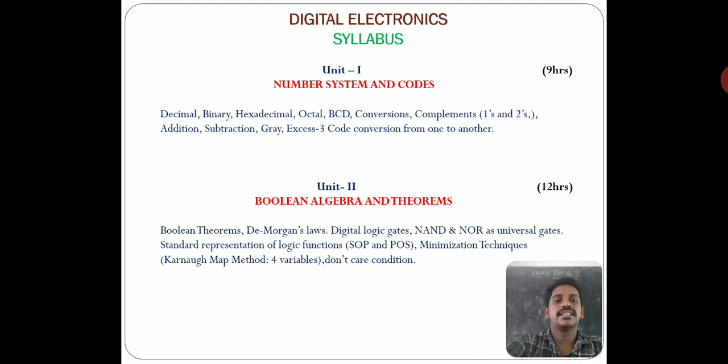Next, minimization techniques, that means the Karnaugh map. 2-variable, 3-variable and 4-variable K maps are designed and reduce the number of variables in a Boolean function. We also learn about don't care conditions in Boolean functions.